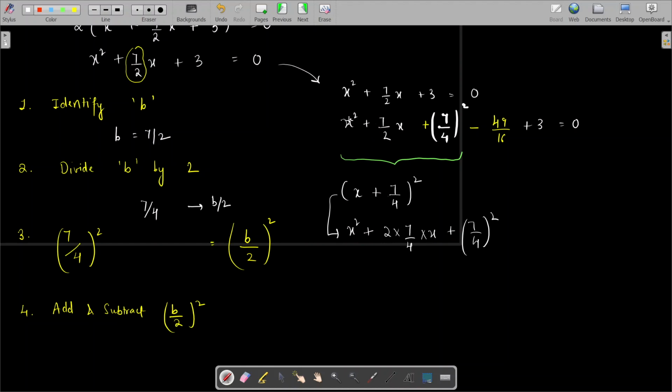That's exactly what we have in the first 3 terms. So this is how we complete the square. The first 3 terms are the whole square of x plus 7 over 4, and then minus 49 over 16 plus 3 gives us minus 1 over 16.